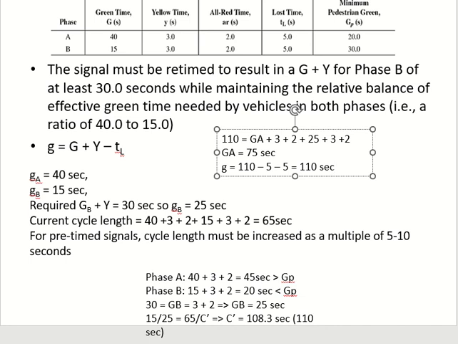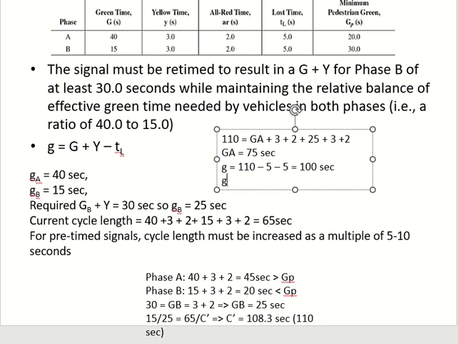Clear? Now I will distribute the cycle length in both phases according to the ratio of the time which I already had. How?